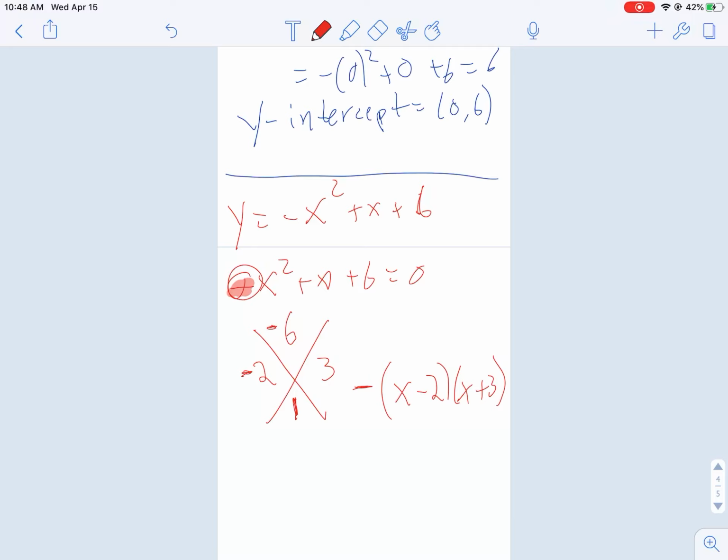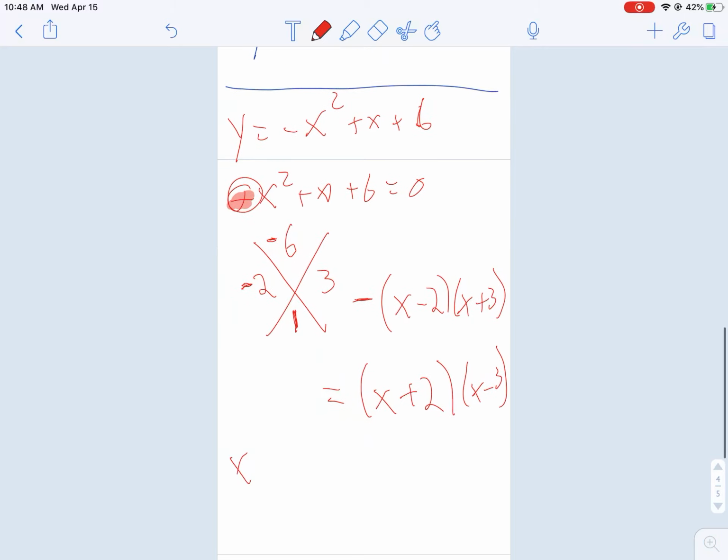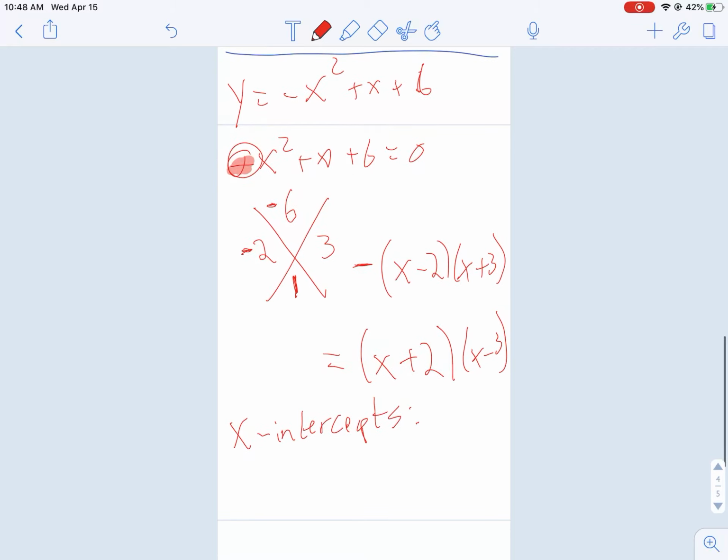So what this does is switch the signs of my inside roots. So instead I'll have x plus 2 and x minus 3. Therefore, my x-intercepts are negative 2, 0, and 3, 0.